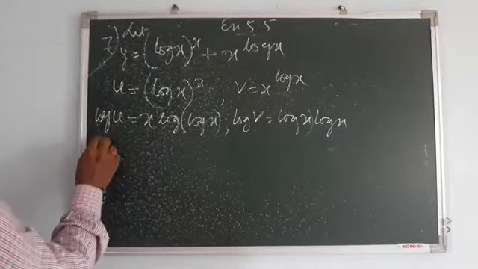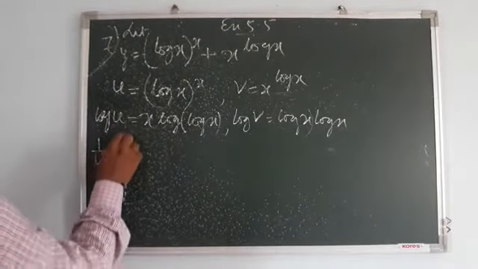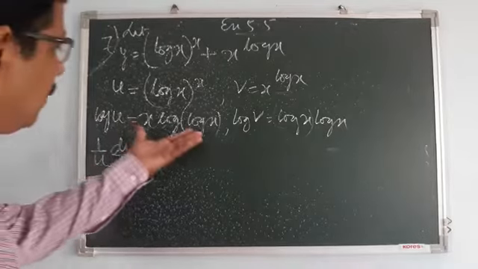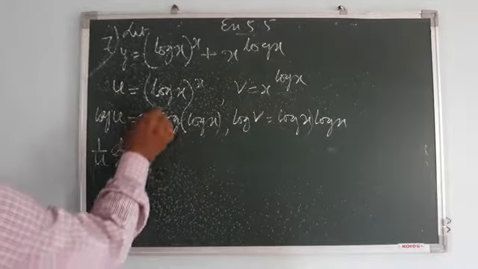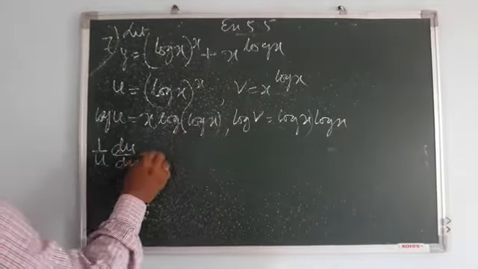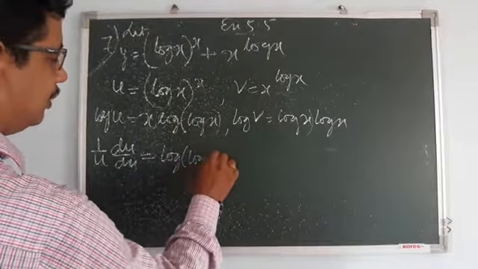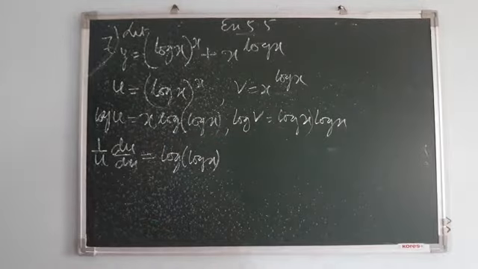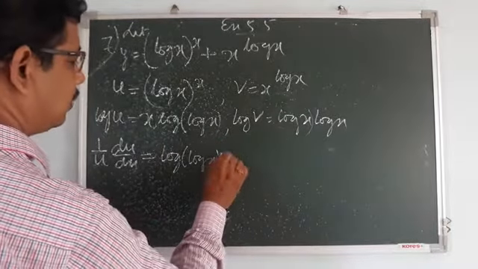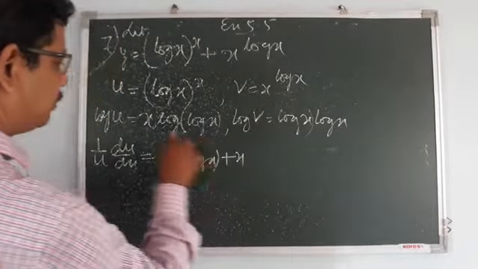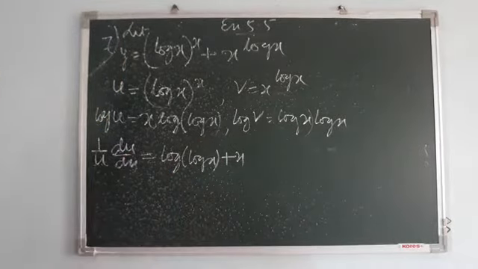If we differentiate this one, 1 by u du dx. If we differentiate this, it is u into v form. So you will keep log x here, and you will differentiate x. If you differentiate x, it is 1, so no need to write. Now keep x here, differentiate this one.